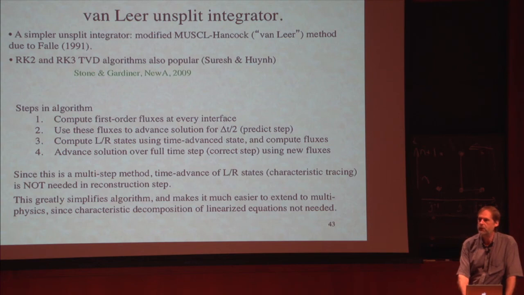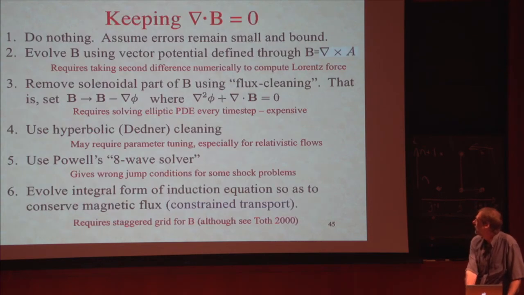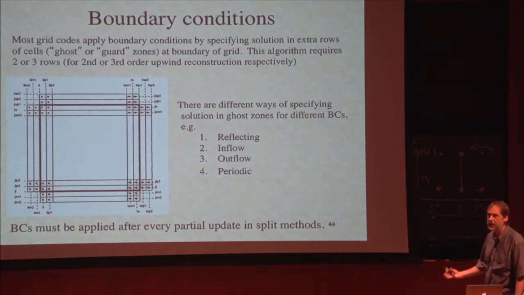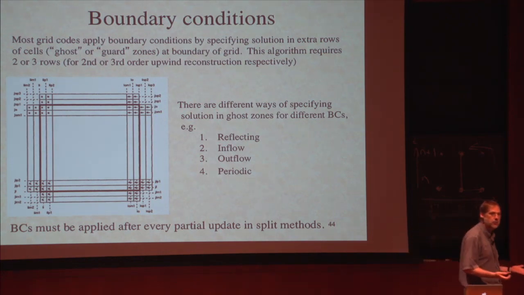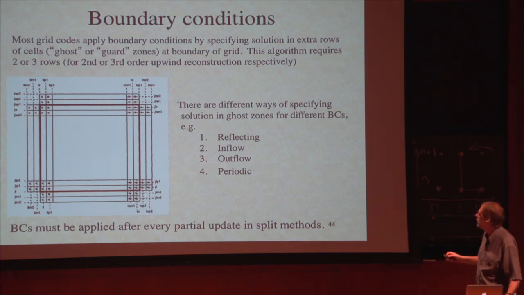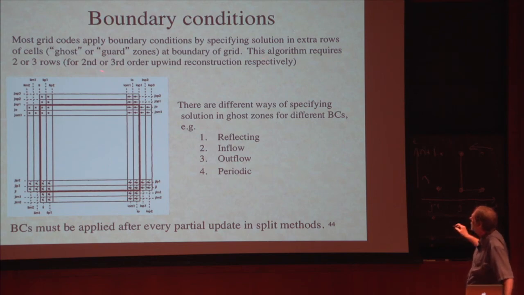Some more practical matters of the implementation. You need to introduce boundary conditions for these PDEs. These are initial value problems, but they're also controlled by the solution at the boundaries. Well, how do you do that? Well, every code that I know treats boundaries using these so-called ghost or guard cells. So the actual solution is computed in this solid dark box.